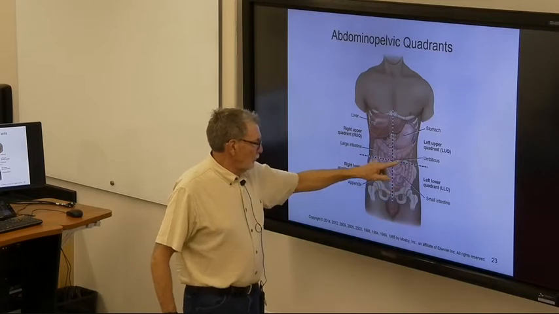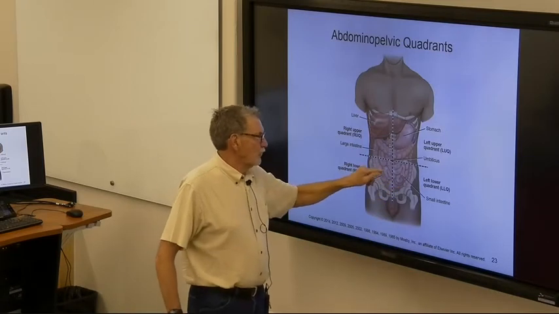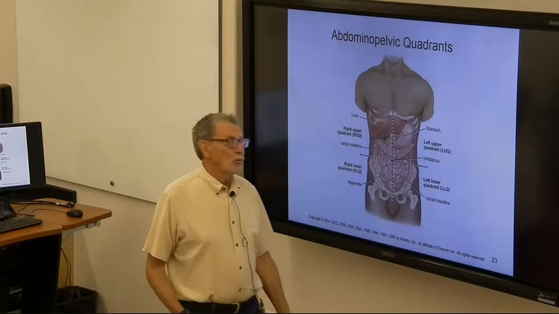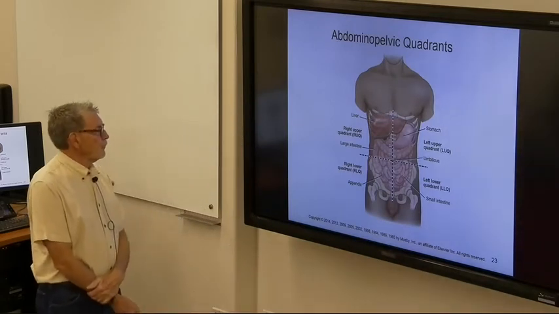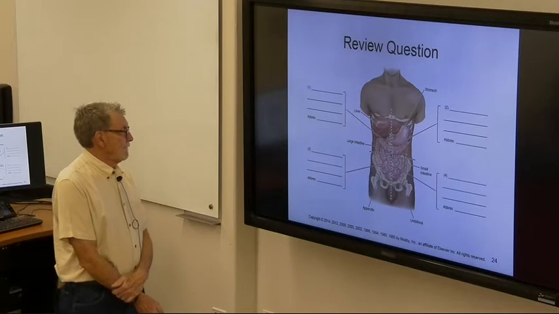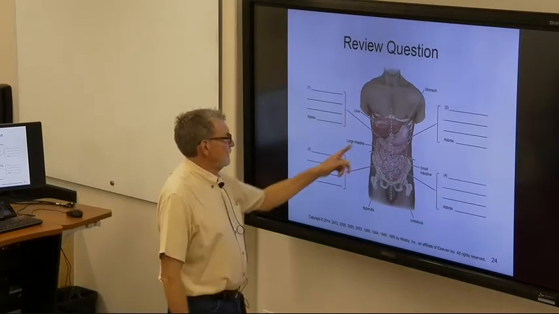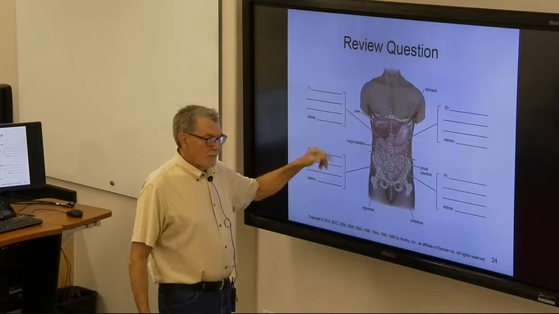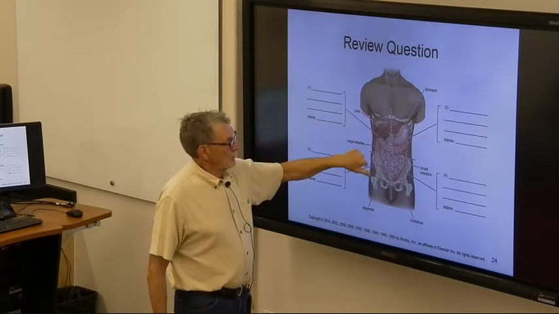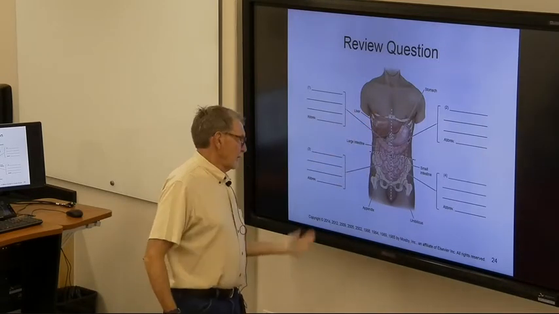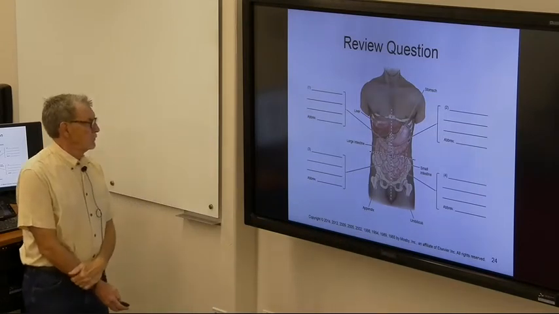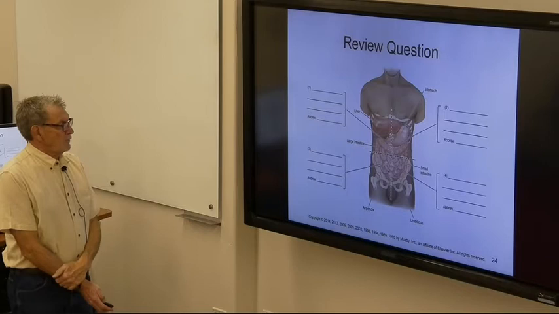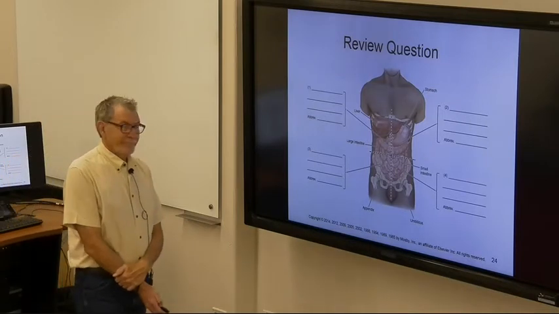There's a big chunk of large intestine that has a tendency to be most compromised. Right upper quadrant, left upper, right lower, left lower. And remember the abbreviation.